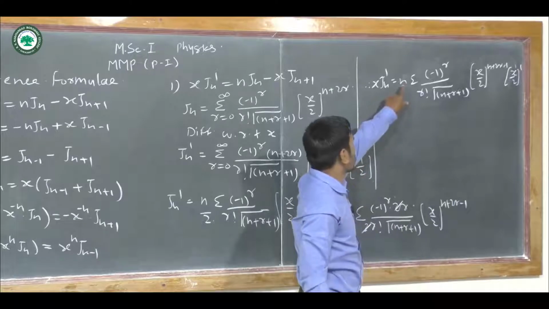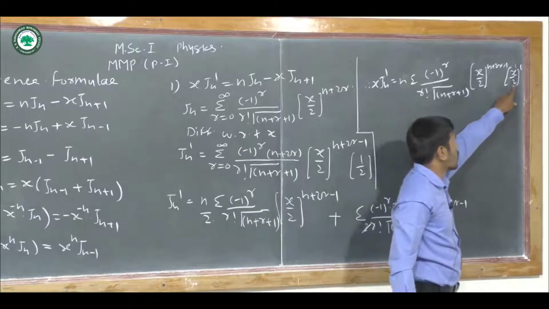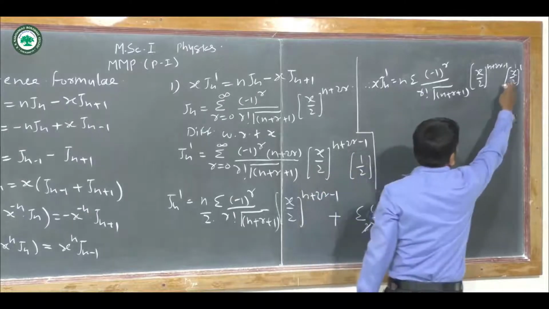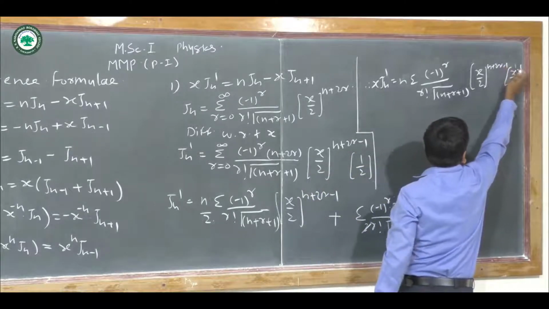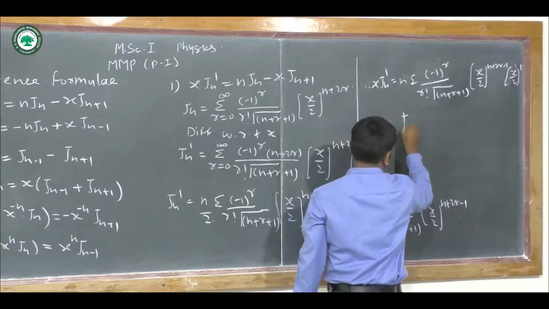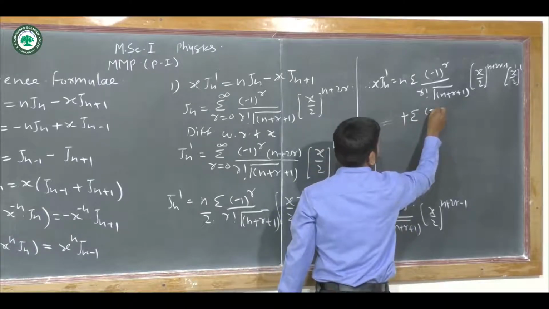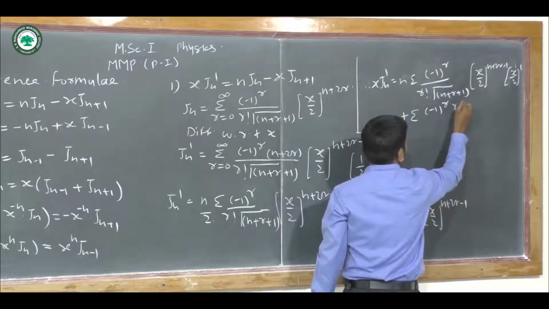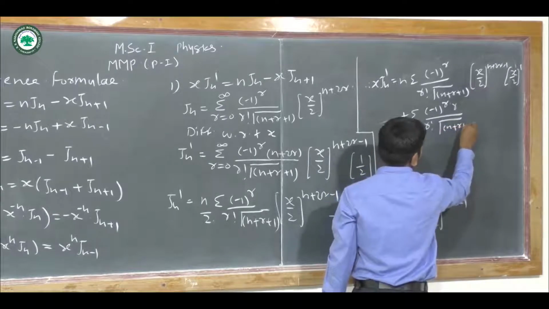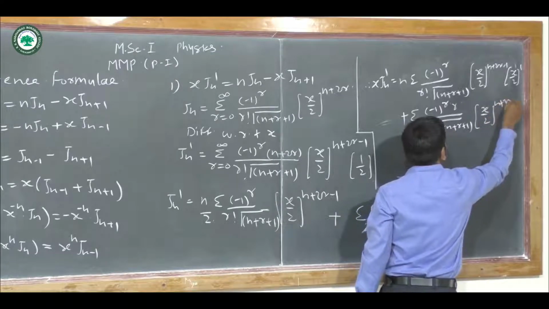The half I take out here, and x is multiplied with this Jn. So the power of x by 2 is 1 and here is a minus 1, so the plus 1 and minus 1 cancel out. The second term is the summation of minus 1 power r divided by r factorial gamma of n plus r plus 1 into x by 2 power n plus 2r minus 1.